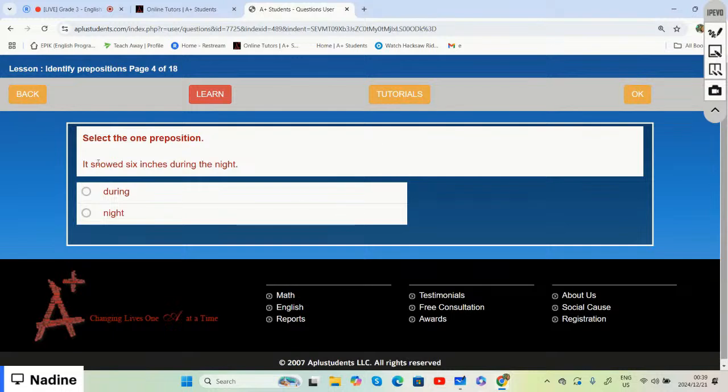The next one says, it snowed 6 inches during the night. Is it during, option one, that is our preposition, or night? During or night.